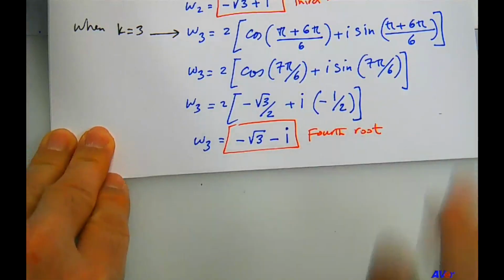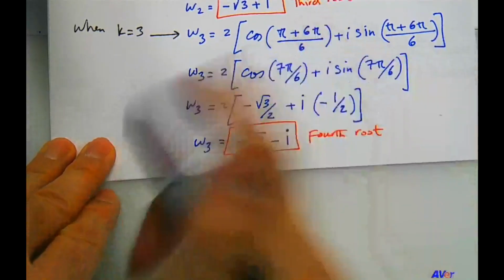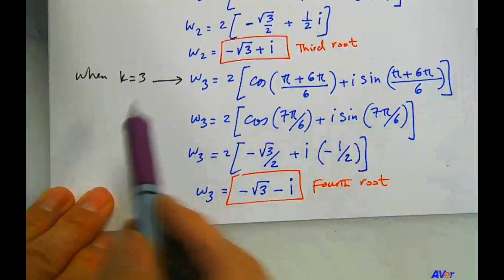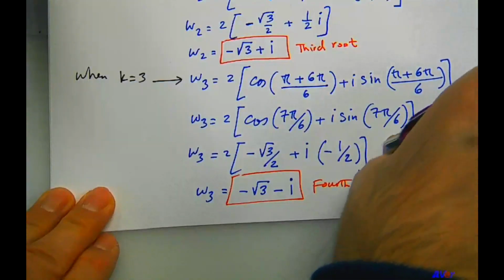We have 2 more roots to calculate, for k equal to 4 and 5. So let's do that.